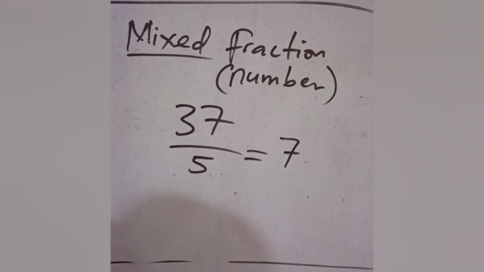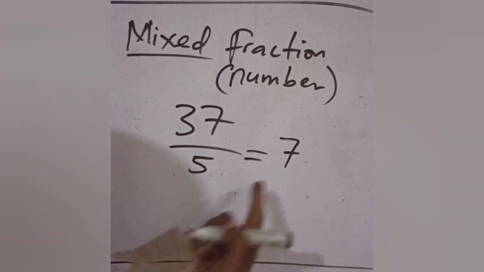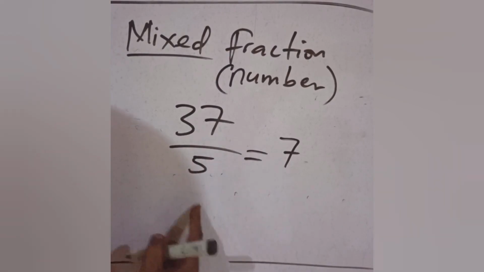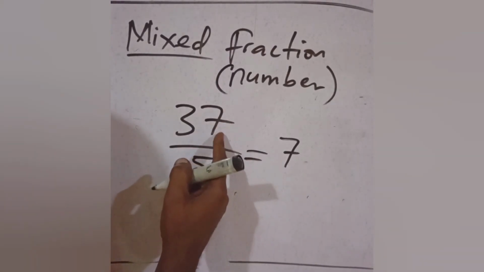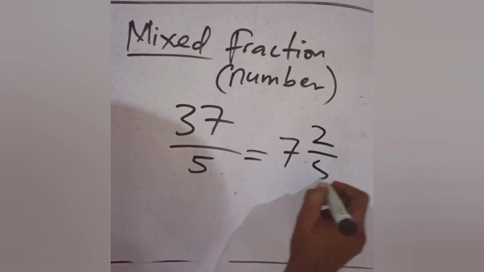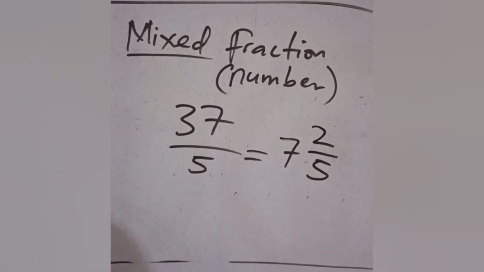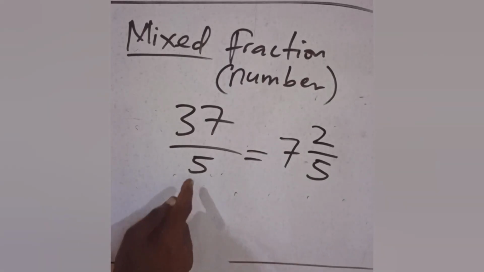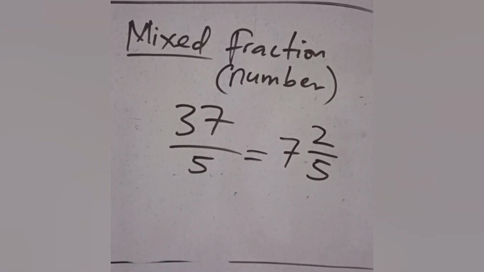And you have five, so you discover that it was 35, right? To make up 37, you have two left, 2/5. Again, that two that is left is two parts of five. Two out of five.